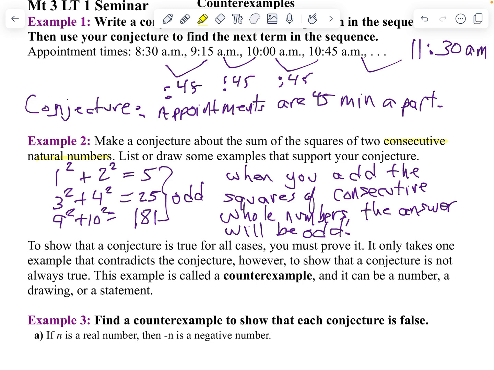You have to prove it. Either show why it must be true or go on forever and show that you've done all possible cases. If you find something that isn't true, that's called a counterexample. You only need one counterexample to show it's false. You need infinite examples to show it's true.